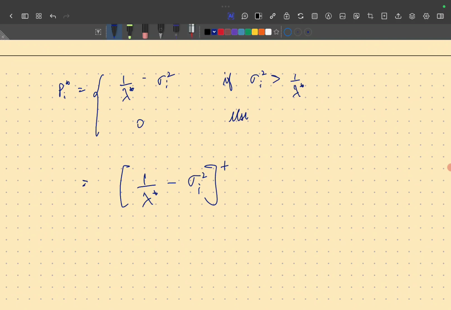Now, how do you find lambda star? We have the total power constraint.